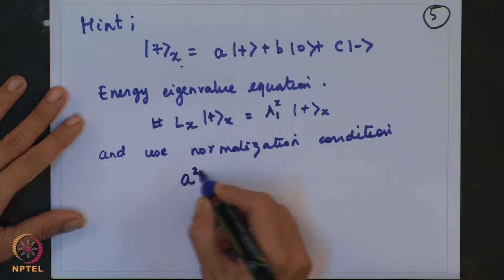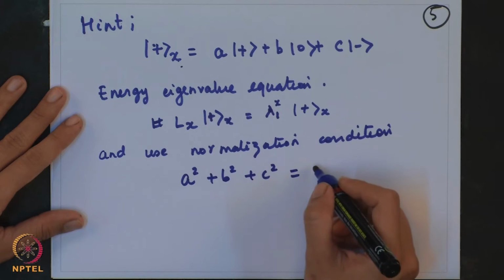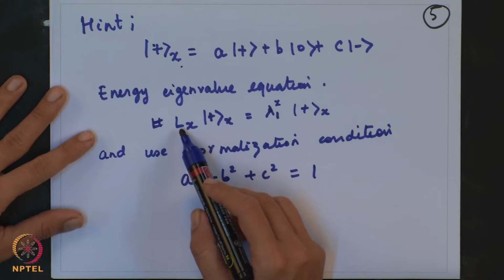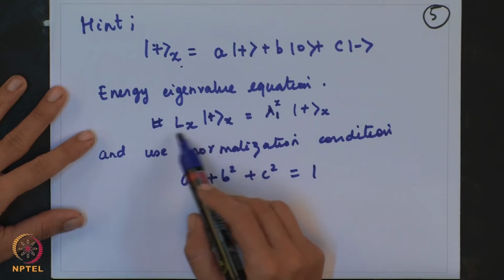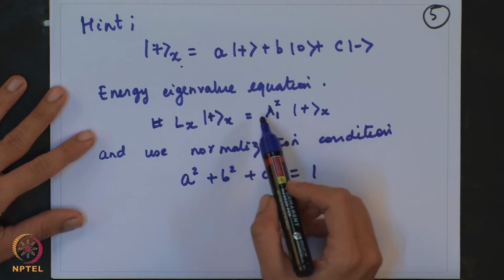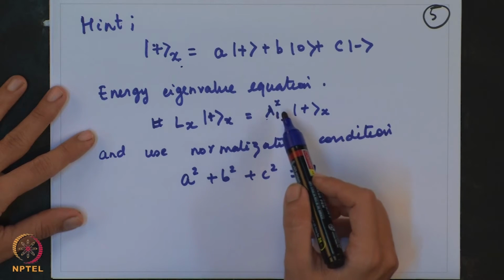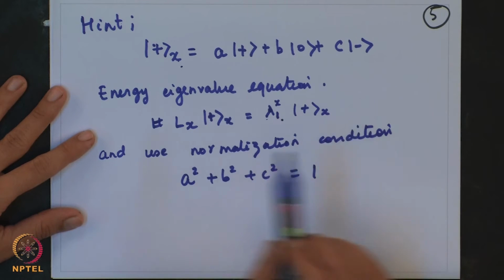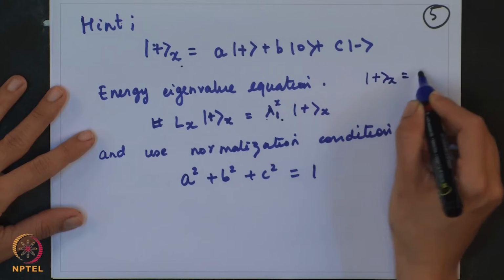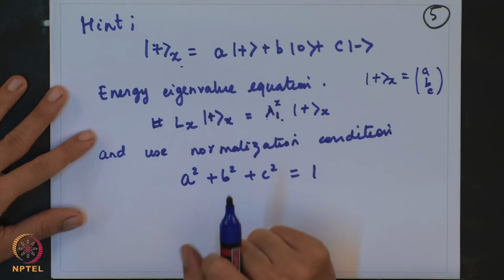So, the normalization condition is a squared plus b squared plus c squared equal to 1. In the first part, substitute for Lx and the value of lambda 1, the eigenvalue, say starting with 1, and write plus x as A, B and C and see what you get.